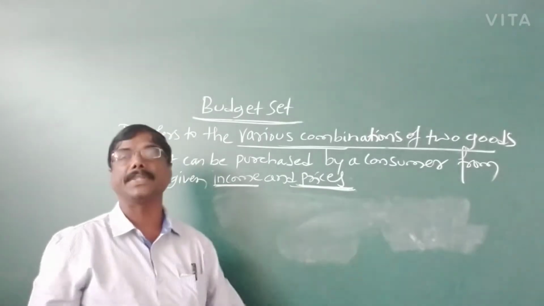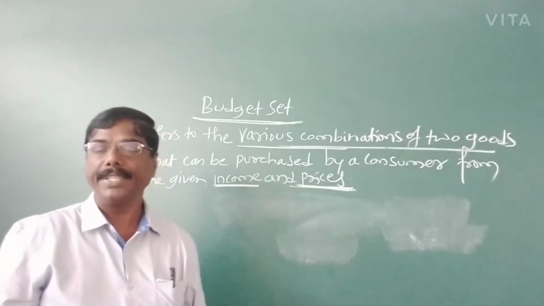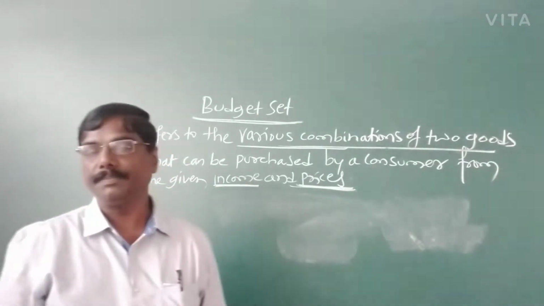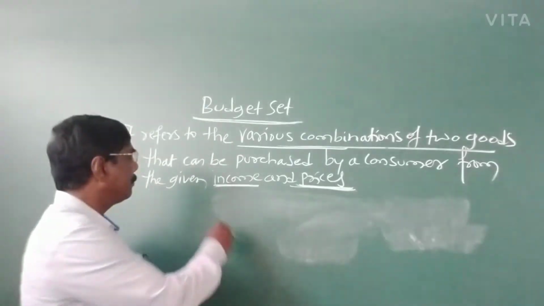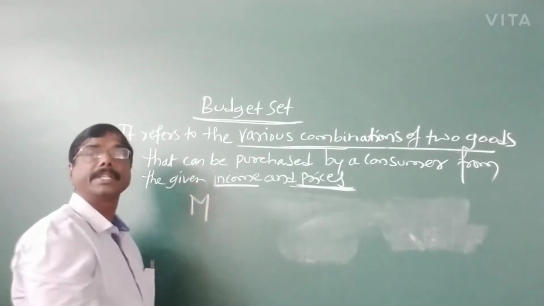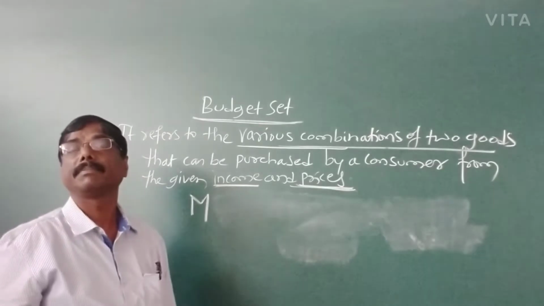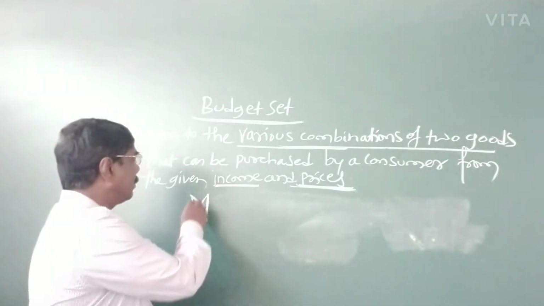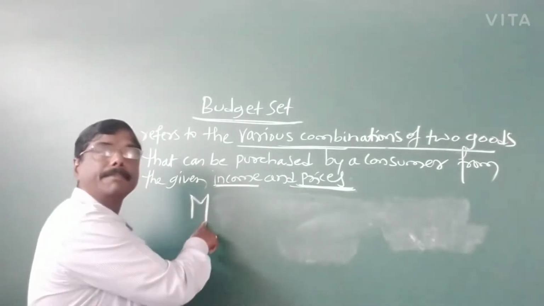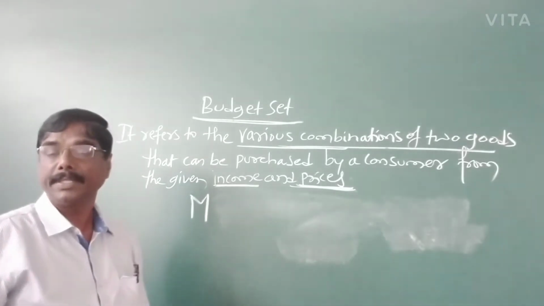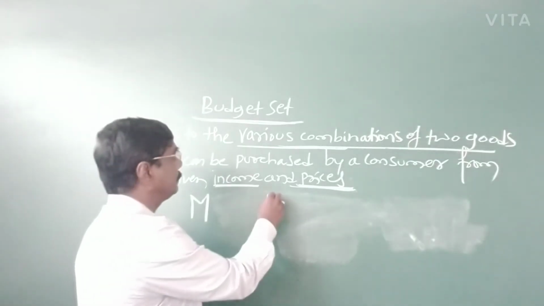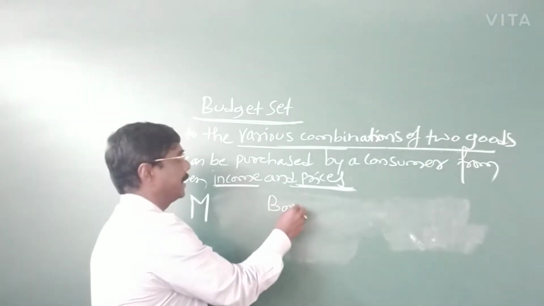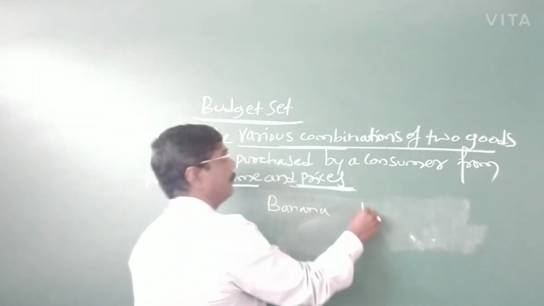Here, the income of the consumer is M, and there are two goods, banana and mango.